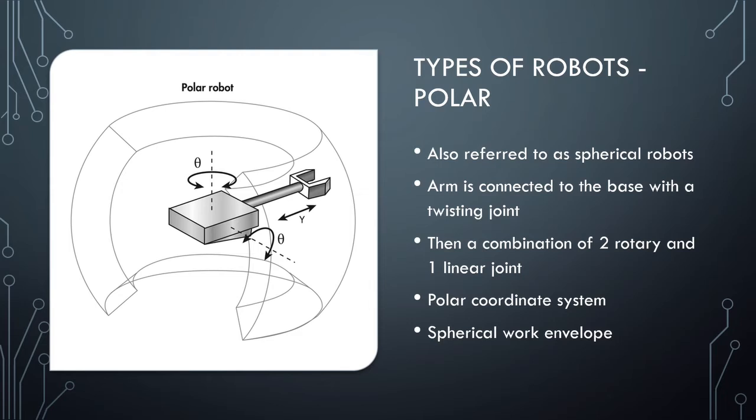You might have heard of this in one of your mechanical engineering classes. If you're a mechanical engineer, it's easier to use a polar coordinate system on this because the work envelope is more sphere-like. Because of that, sometimes these are called polar robots and sometimes they are referred to as spherical robots because of the work envelope that they create.